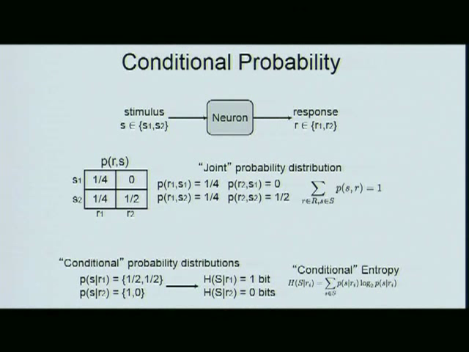At the very beginning, maybe, before we even looked at response 1, we could say, what's the probability distribution of the stimuli? So actually, the probability distribution is stimulus 1 is only a quarter, stimulus 2 is 3/4. So the entropy of the system initially isn't 1 bit. It's a little bit less than 1 bit. And so if we observe response 1, we're actually even more uncertain now about which stimulus it might have been. So the uncertainty went up. But if we observe response 2, now we know exactly which stimulus it was, where before we observed any responses, we didn't know anything, or we knew a little bit less.